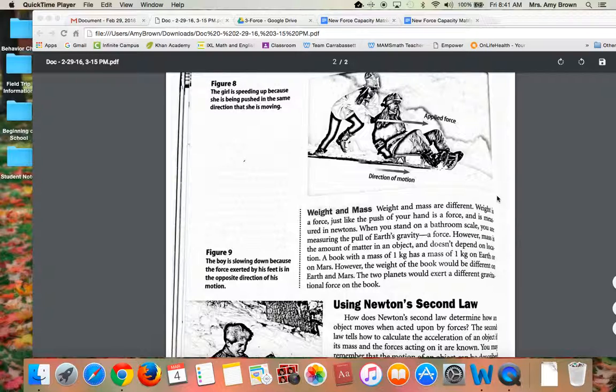However, mass is the amount of matter in an object and doesn't depend on location. A book with a mass of 1 kilogram has a mass of 1 kilogram on Earth or on Mars. However, the weight of the book would be different on Earth and Mars. The two planets would exert a different gravitational force on the book.